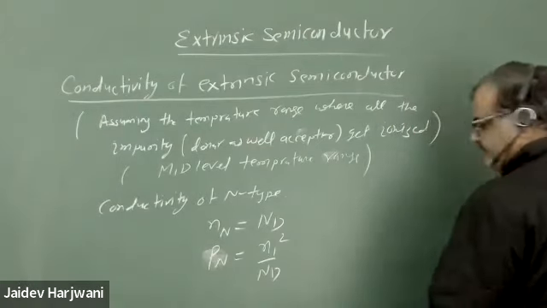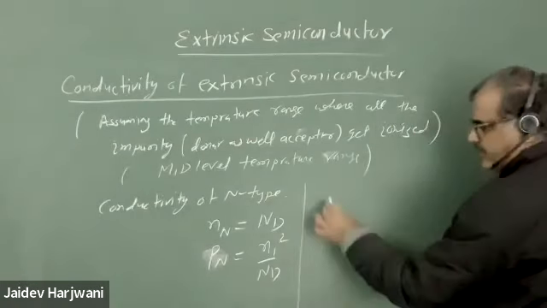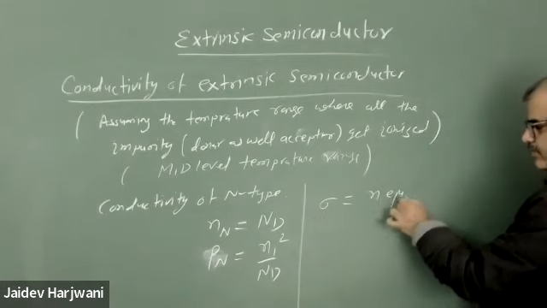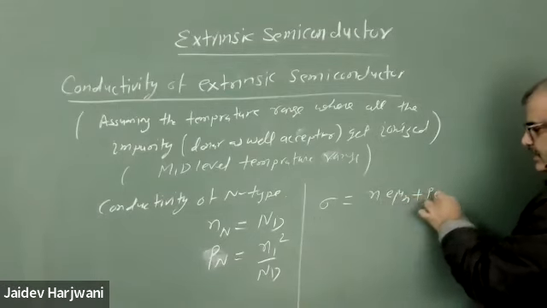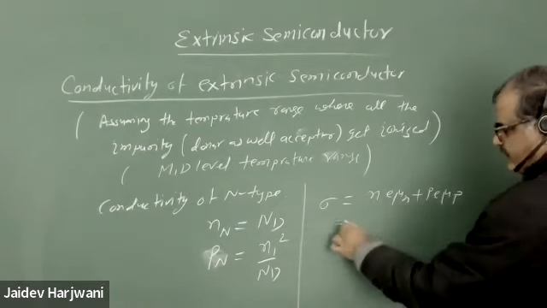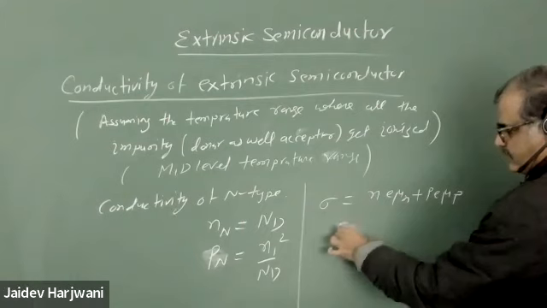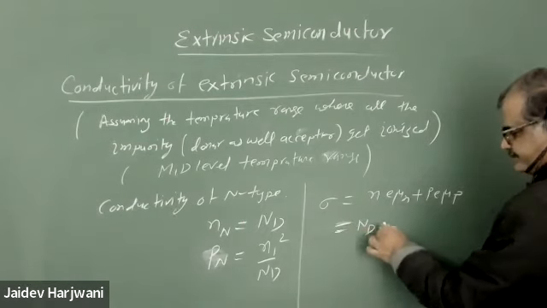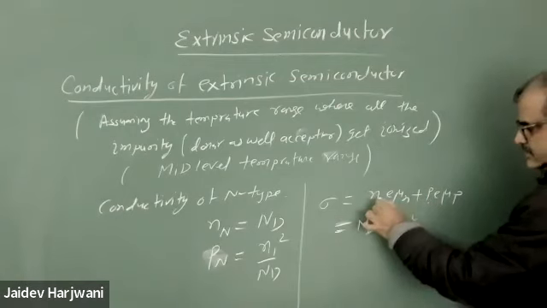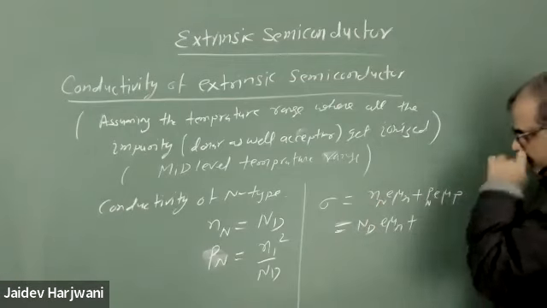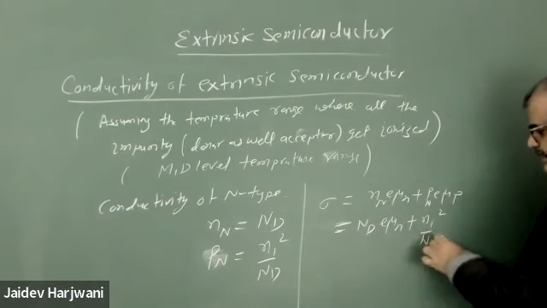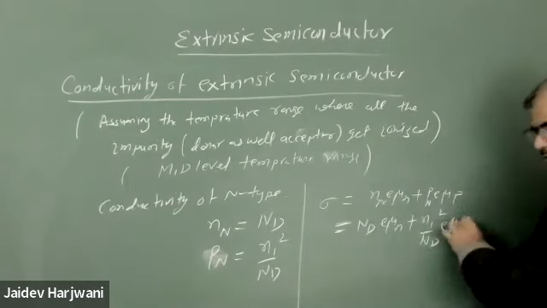Now, conductivity is n e mu n plus p e mu p. If I put in these values, this comes out as Nd e mu n plus pn e mu p, where pn is ni square upon Nd.